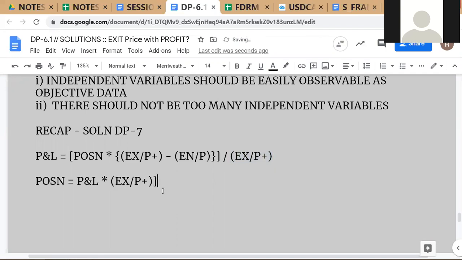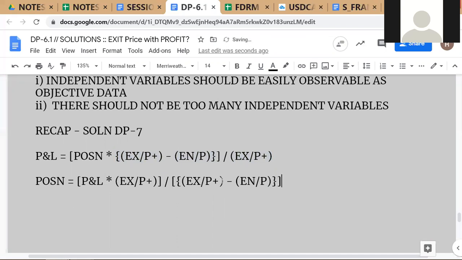I won't put too many brackets here. And divided by exit price minus entry price. That's what we have.